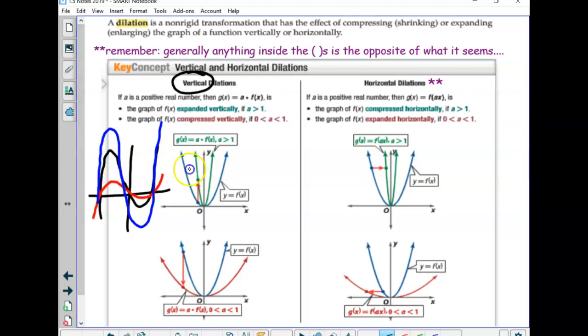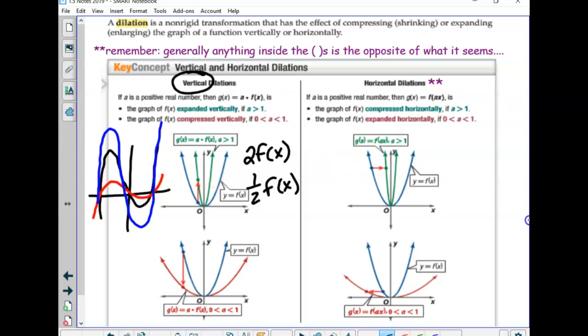And that is, if you have a 2f of x, which one would that be, the red or the blue? If the black was the original, I didn't do a very accurate job, but which one is a stretch? 2 would be a stretch, so that would be like the blue one, okay? And a 1/2 f of x would be like the red one, I shrunk it. Okay, obviously I didn't use half when I shrunk it, but something, okay?